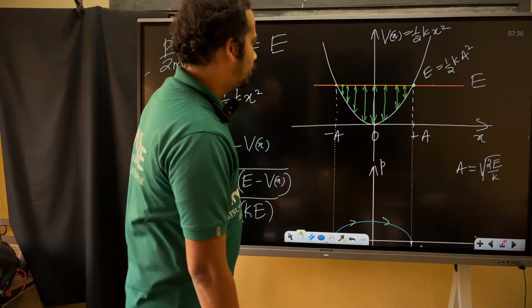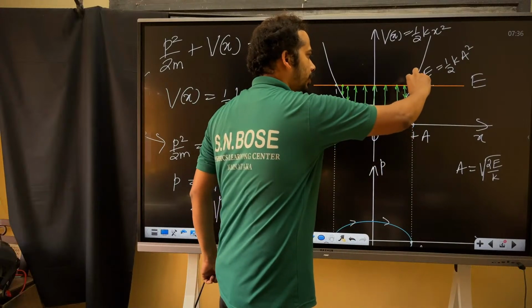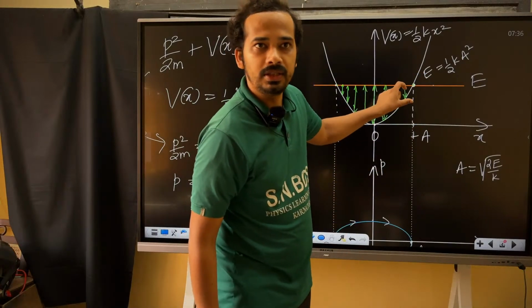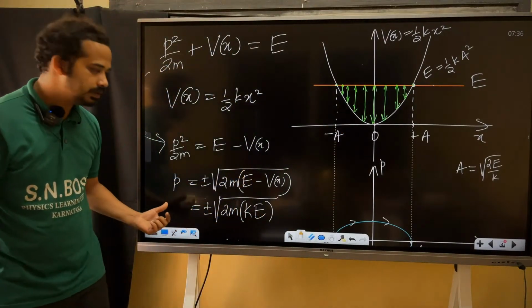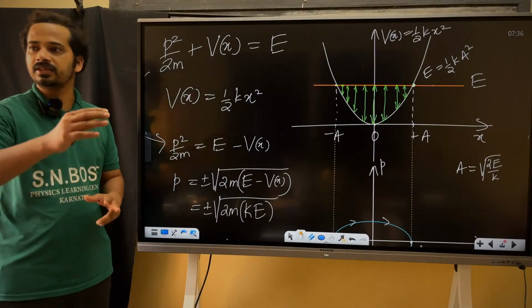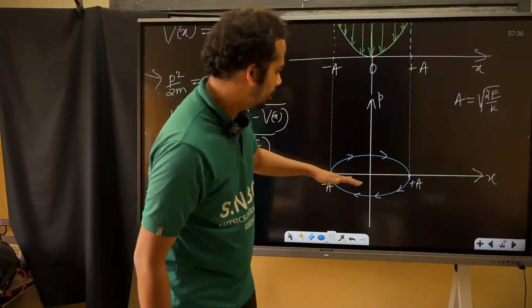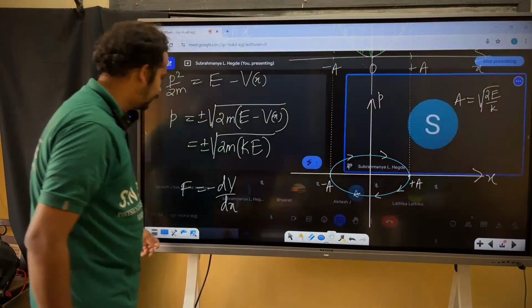So like that, you choose one energy, then check how the kinetic energy varies. What is kinetic energy? This arrow, that is the difference between energy and potential energy. That variation of kinetic energy will be reflected in the variation of momentum, increasing, decreasing and all, and whatever you draw in the upper half, you make a reflection.